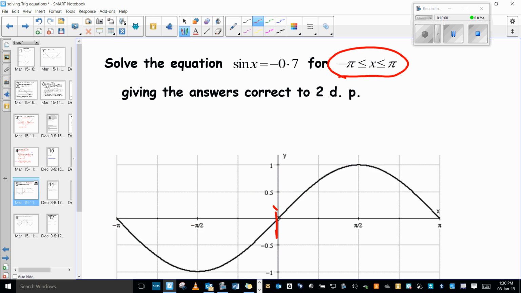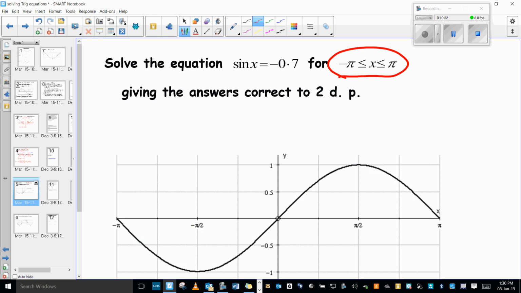But anyway, don't forget that radians sometimes come in. So this one I've drawn with our intervals. So remember it's pi over 2, pi, what's the next one? 3 pi over 2, and then 2 pi.